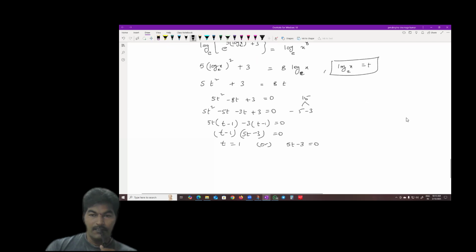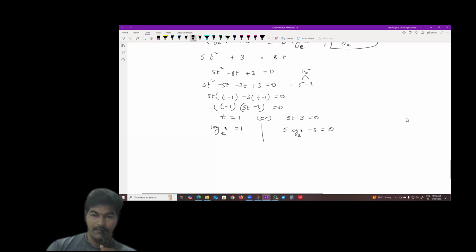So actually t value is log x base e equal to 1, and 5 into log x base e, I'm just replacing t value with log x base e. So x is equal to, you can use the exponent technique, e power 1, and here log x base e equal to 3 by 5, and x is equal to e power 3 by 5.